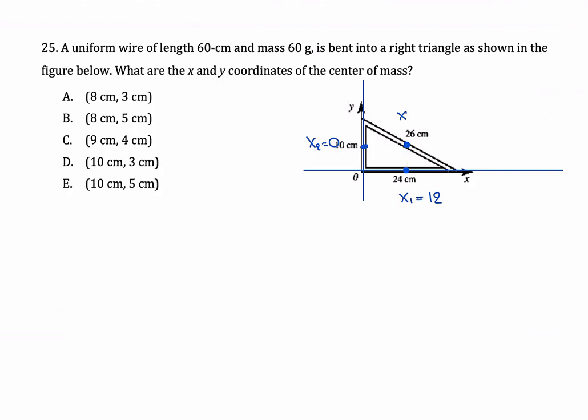So actually the x3 is again 12 centimeters. So if we take the rule that the center of mass xcm is equal to x1 m1 plus x2 m2 plus x3 m3 divided by the total mass.